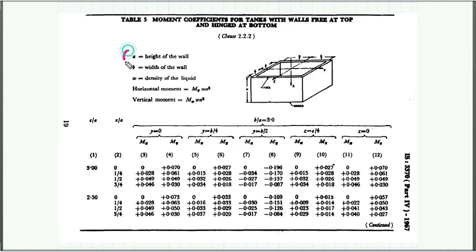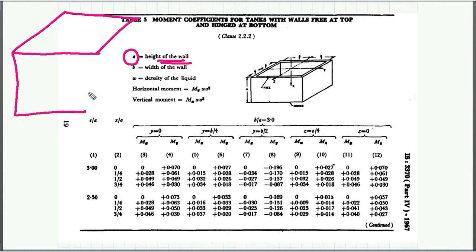A is the height of the wall. Suppose this is the water tank.